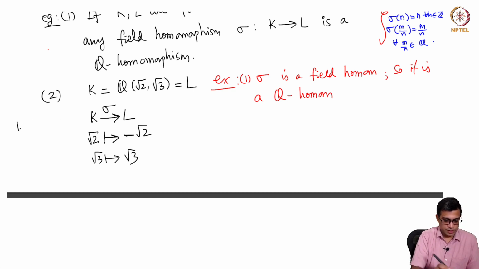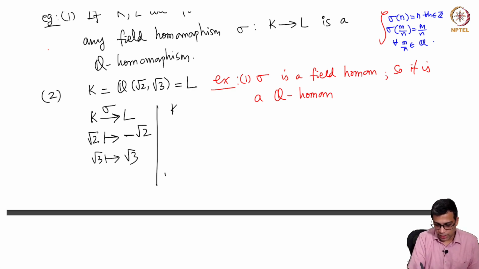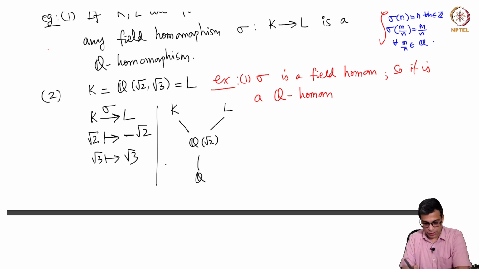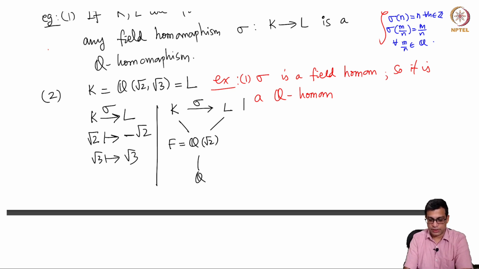Maybe I'll write this separately here. K, L are sitting above Q(root 2), and this is sitting over Q. So let's say F is this. And this map is sigma. So that is a picture.